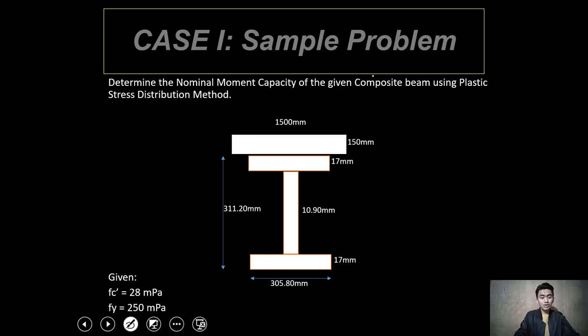So I have here a composite beam having Fc prime equal to 28 megapascal and Fy equal to 250 megapascal.